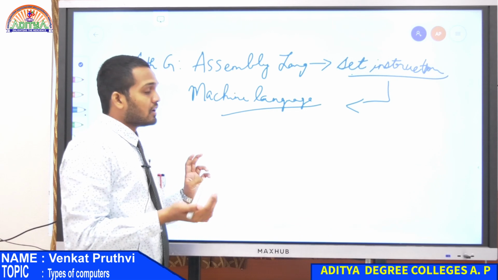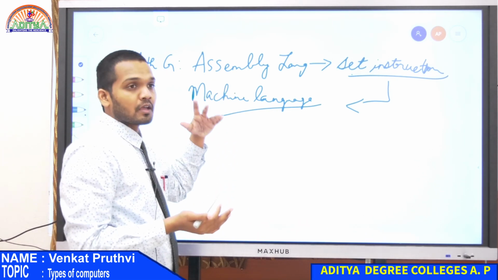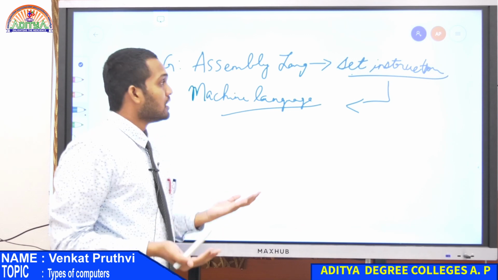There are two ways here. In the different generations of computers, we have different kinds of programs that are defined.